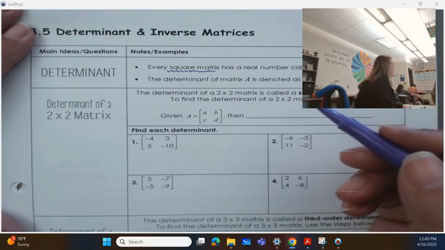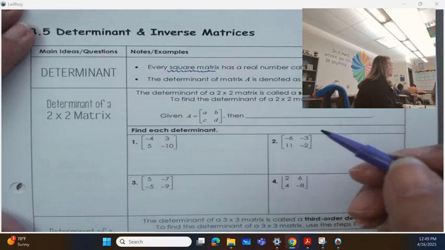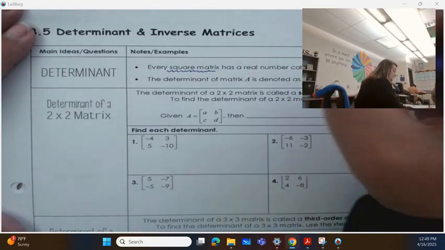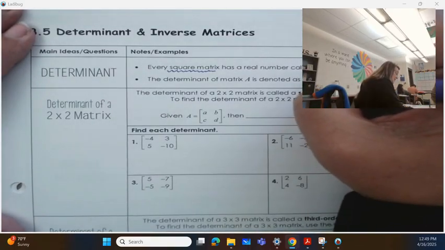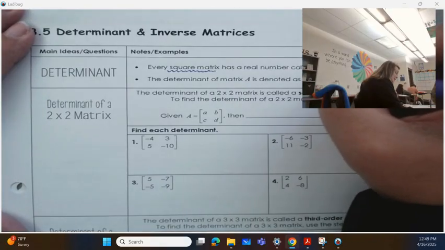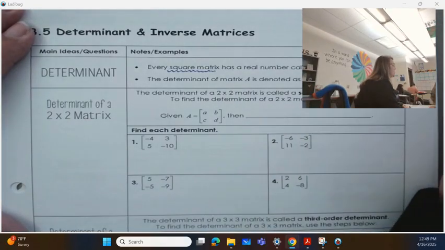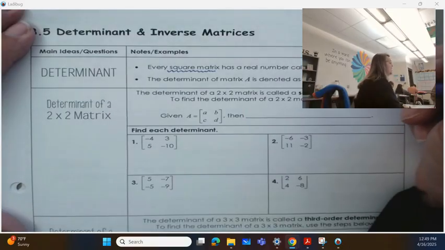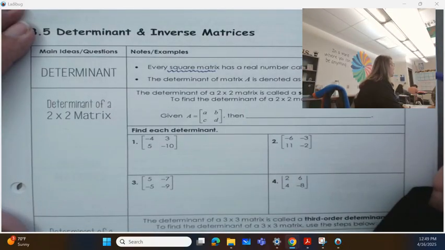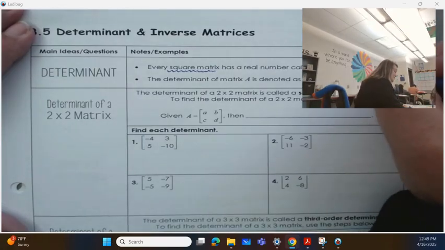The determinant of a matrix is denoted, and we're going to see it two different ways. You might see it written as DET of A, like this. That's how you're going to see it, I think, in the calculator and in Desmos. I believe you see the DET. That means the determinant. Or you'll see it as absolute value bars with an A like this.